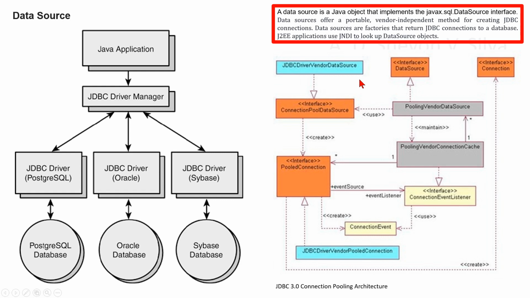A JDBC driver vendor must provide the class that implements the standard connection pooling data source interface. This interface provides hooks that third-party vendors can use to implement pooling as a layer on top of their JDBC drivers. The ConnectionPoolDataSource interface acts as a factory that creates PooledConnection objects.